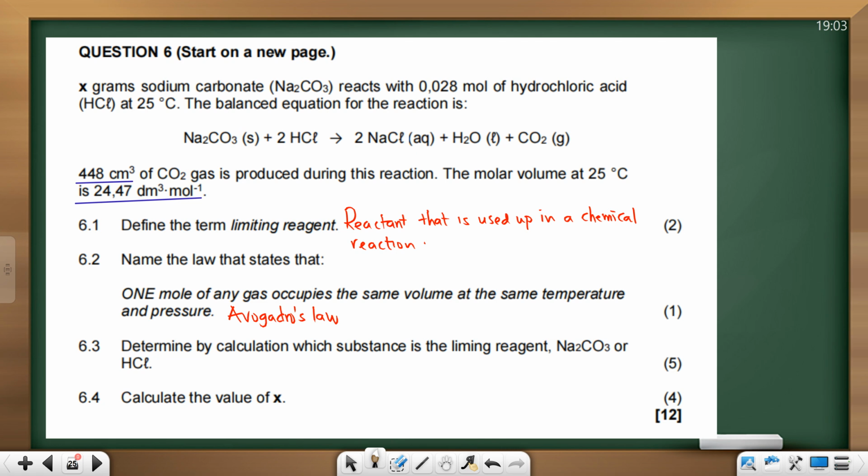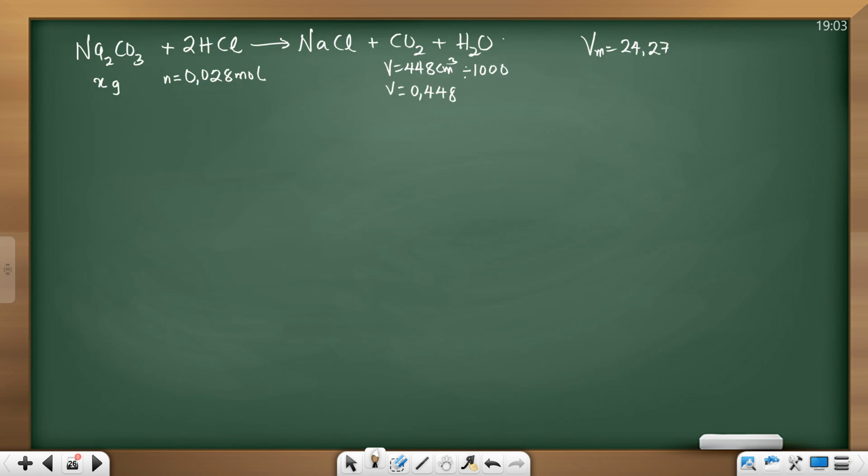Now here is our question, quickly everybody. Determine by calculation which substance is the limiting what? Reagent. Look, we actually know nothing about the other one, but let's see something. Since we are producing this one, let's convert it to number of moles. I'll show you. We're reversing it. So number of moles of CO2 is volume over what? Molar volume. What do we have? 0,448 divided by, this is the volume produced.